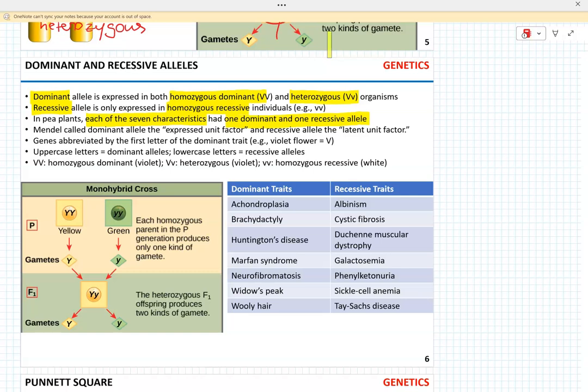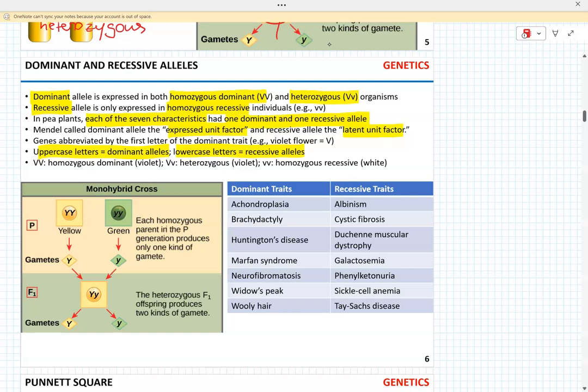And Mendel, of course, didn't call them dominant and recessive. He called them expressed unit factor for dominant and latent unit factor for recessive. Now, when we write the allele inheritance patterns, we use the uppercase letter for the dominant and lowercase letter for recessive.